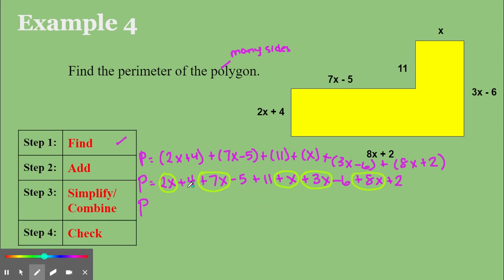Now we're going to find this one has constants, so we're going to look at each constant, remembering to take the sign in front. And the last part is to combine like terms by adding the coefficients. So 2 plus 7 is 9. 9 plus 1 is 10. 10 plus 3 is 13.